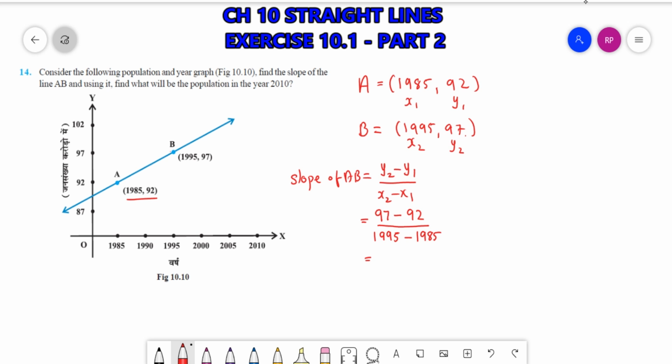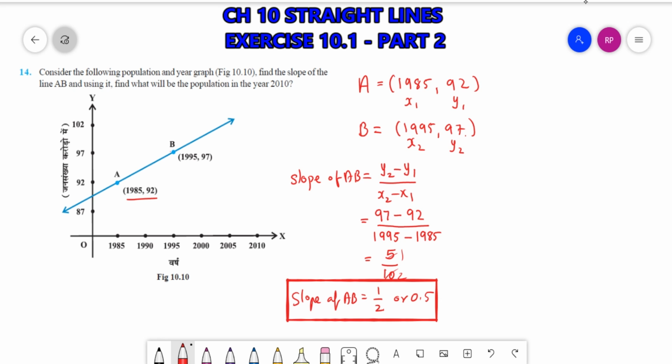Okay, so 97 minus 92 will be equal to 5. 1995 minus 1985 will be equal to 10. So reducing it, I will get that slope of AB is equal to 1 by 2 or 0.5. This is the answer of our first question, that is, find the slope of line AB.